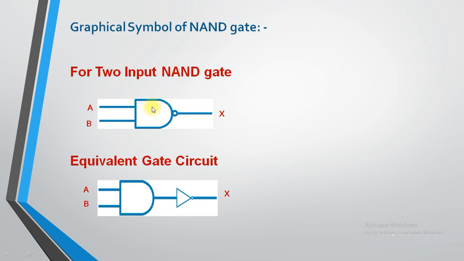So first of all you need to draw the AND gate, then if you put a bubble, that is okay. If you put a NOT gate after the AND gate, that is again okay. So if I put 0 0 over here, it will be transferred into 1 in the NAND gate, because 0 0 is 0 in the AND gate, but it is 1 in the NAND gate.